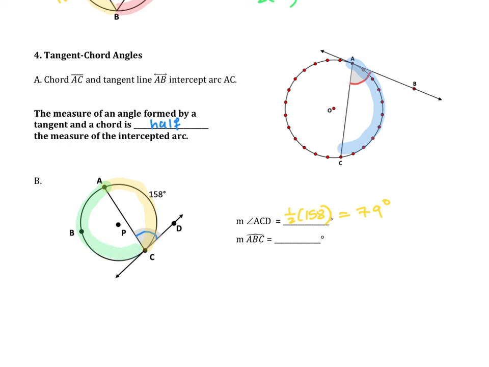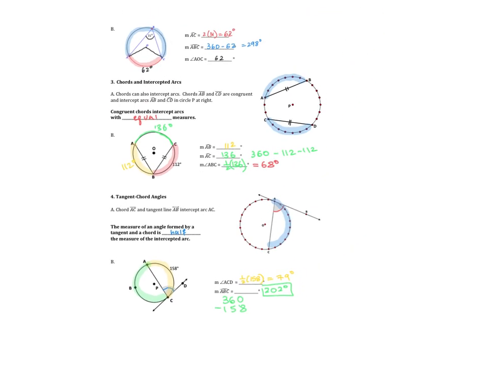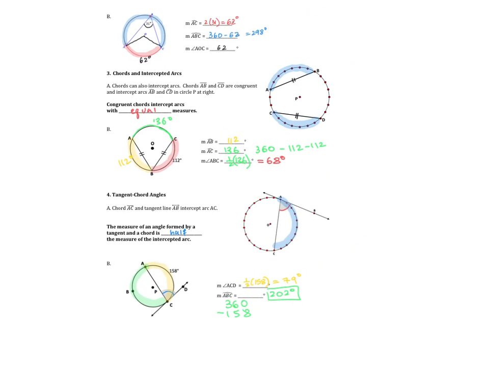Arc ABC and arc AC form a full circle. So to find the measure of arc ABC, I do 360 minus 158, and that will give me 202 degrees. So these are the 4 rules that are covered in this lesson. And those are the relationships between arcs and angles in this lesson.